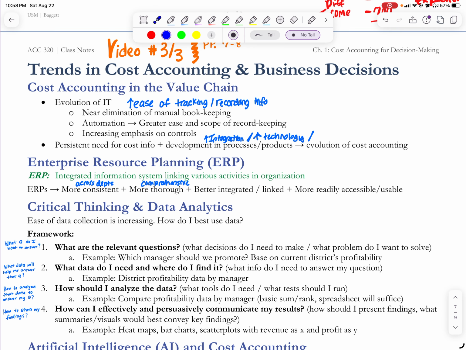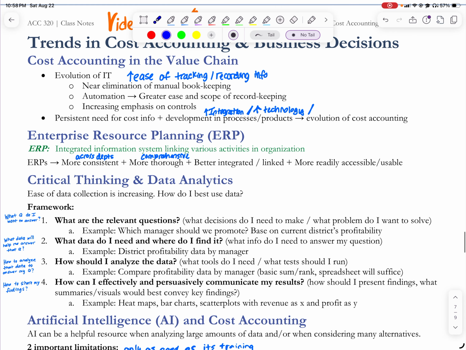So cost accounting, as most of the rest of the world, has shifted and changed a lot in recent years, largely because of the evolution of IT and technology. Increasingly, record keeping has become automated, it's become more expansive, where things that we used not to track are now more easily tracked and recorded.